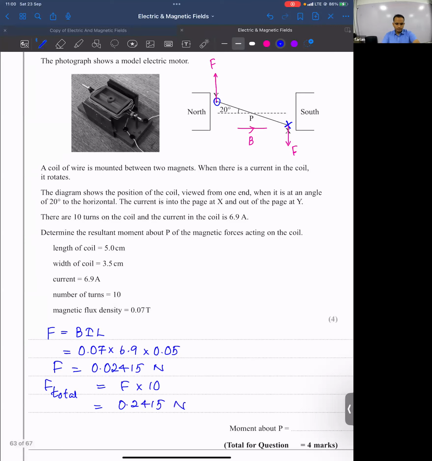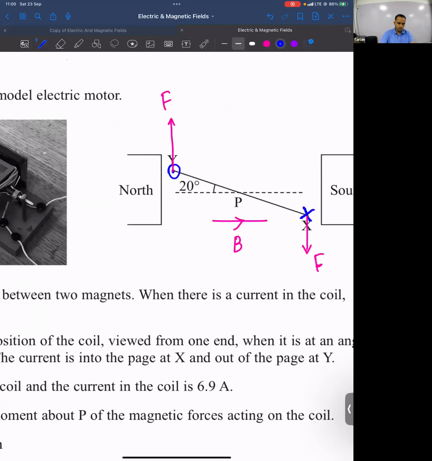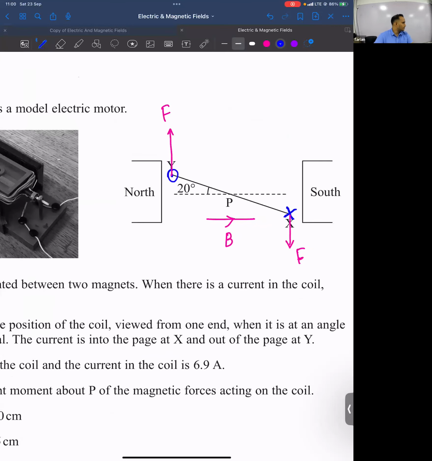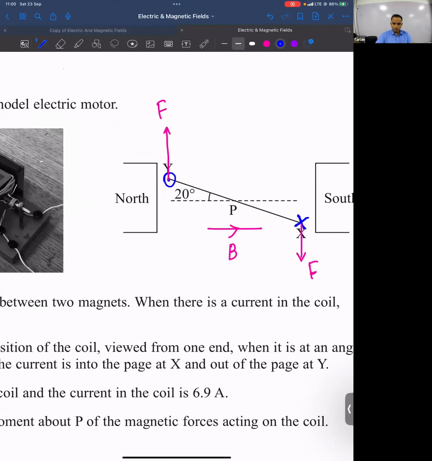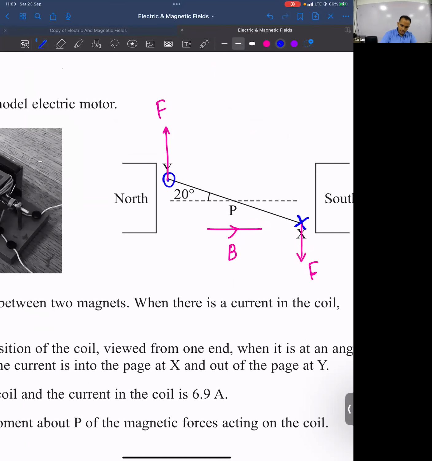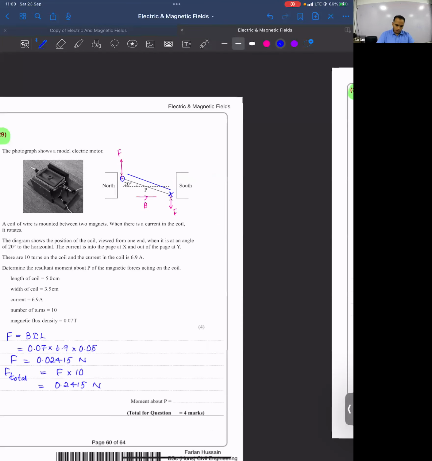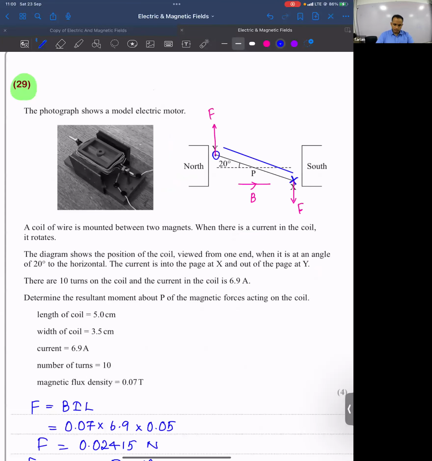And also, guys, there is a force on each side. And we know that this length is given, this width is given how much? 3.5 centimeters.